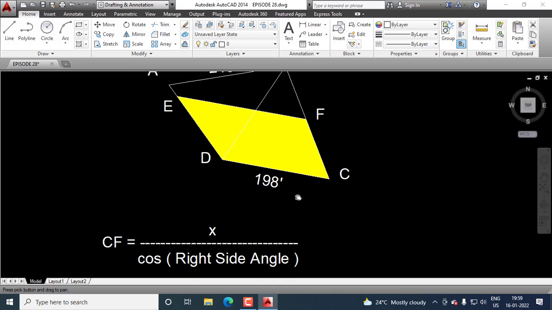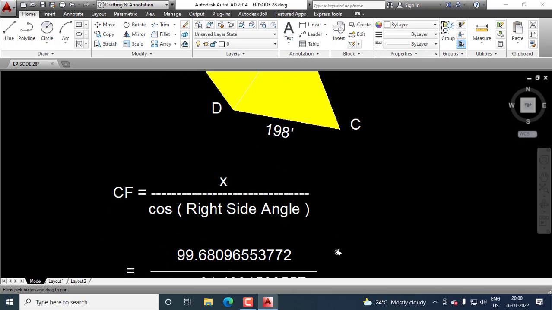CF is the part we demarcate. So if we know this side and if we know this side, and we mark them, this part will be our required part. For calculating, CF is equal to x by cos right side angle.